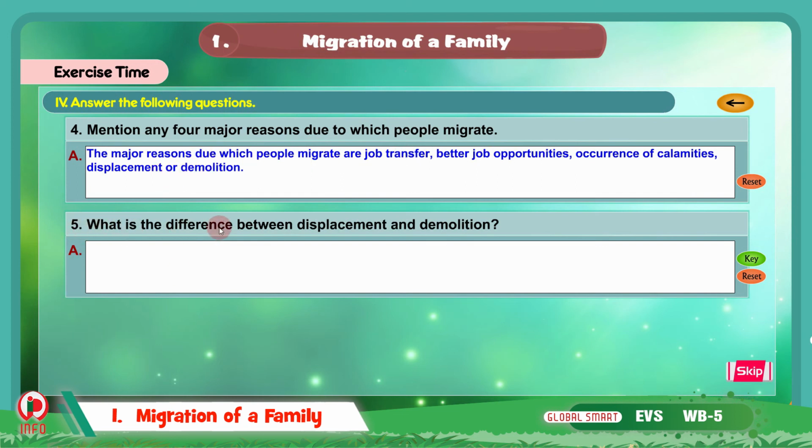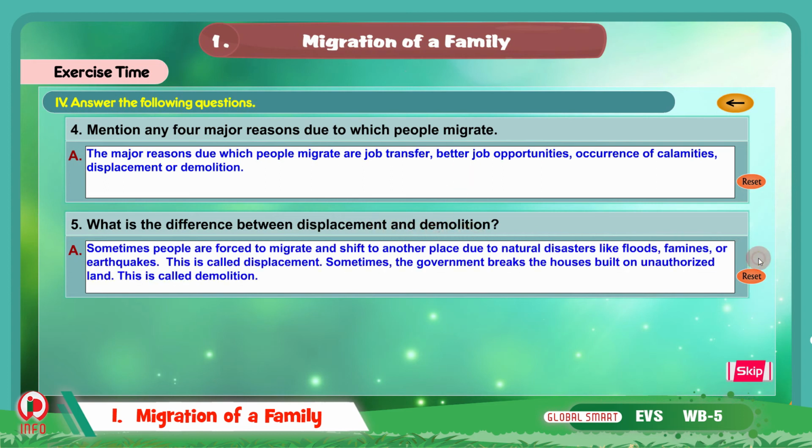5. What is the difference between displacement and demolition? How are they different? Sometimes people are forced to migrate and shift to another place due to natural disasters like floods, famines or earthquakes. This is called displacement.